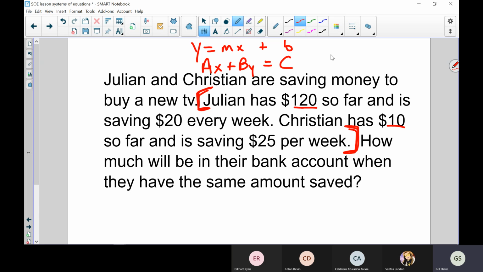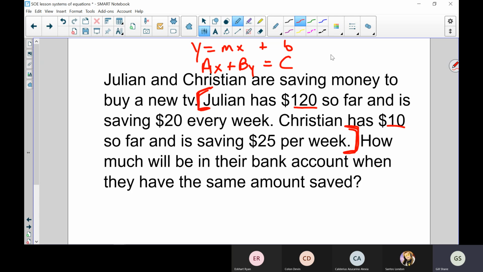Because remember, this is the starting number, B. There's no starting number in this. There's nothing that's just a number by itself except for this, but that's going to be a total. So there's no starting number in that second type of equation. That's why that's the question you ask yourself: is there a starting number?